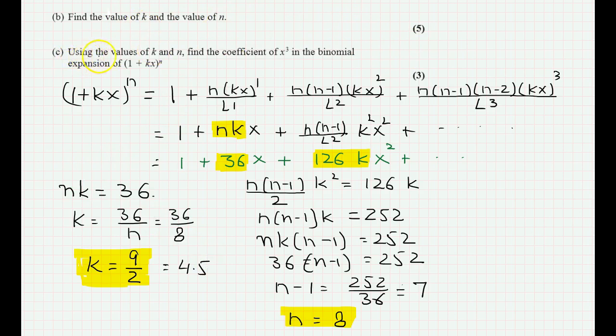Now part C is, using the values of k and n, find the coefficient of x cubed. It is good we have already calculated the x cubed term here. So we can try to find this value here.